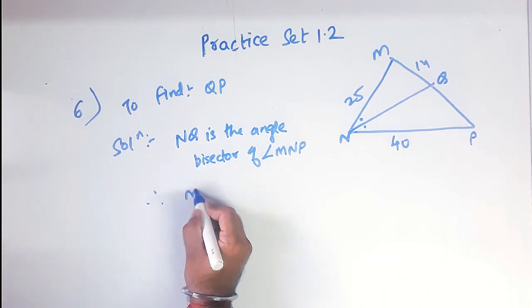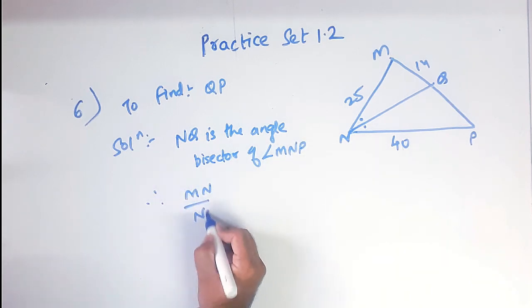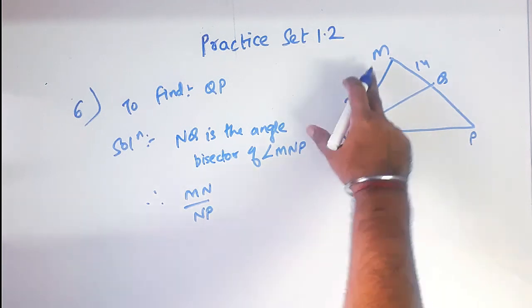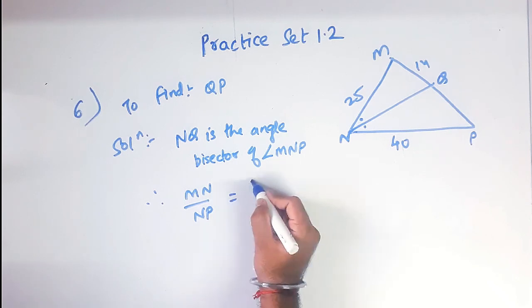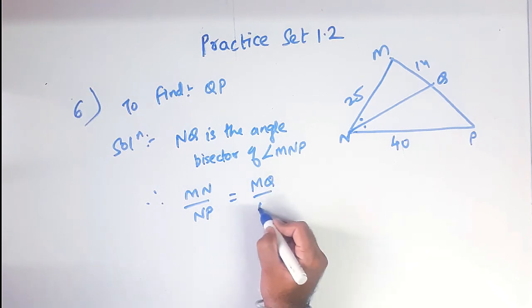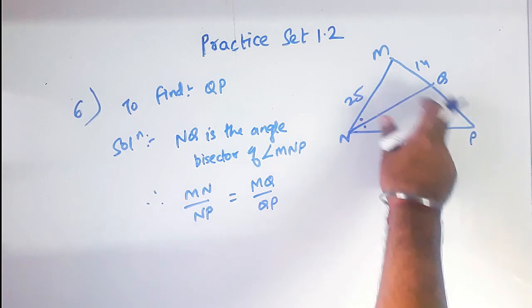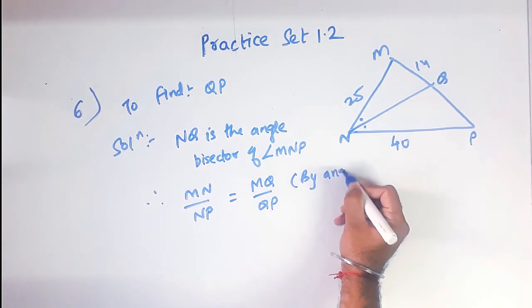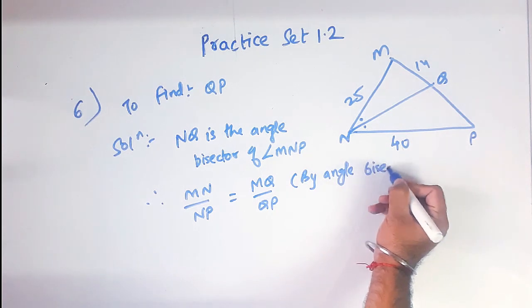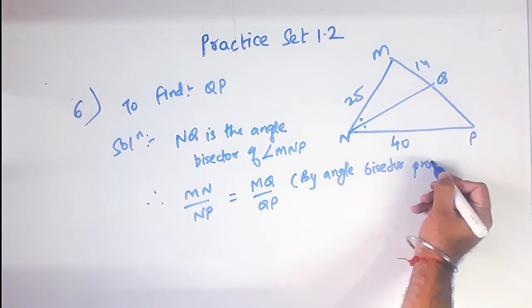Therefore MN upon NP, the sides containing the bisector, equals the sides that get cut by the bisector, that is MQ upon QP. This is by angle bisector property.